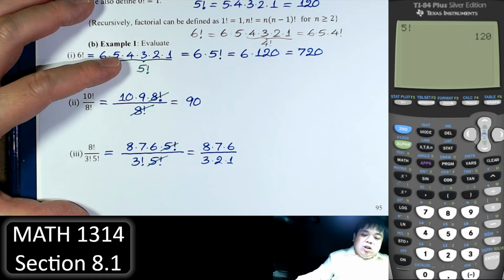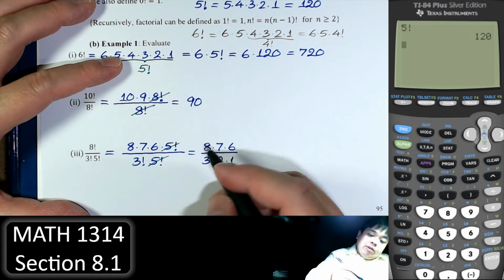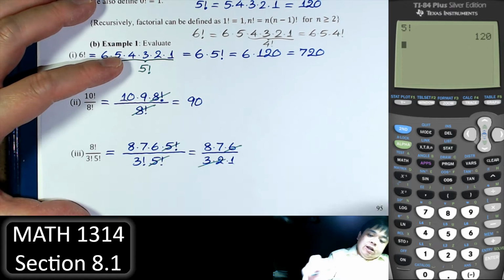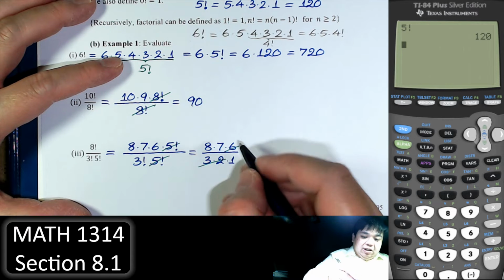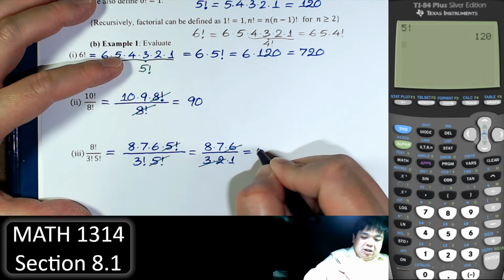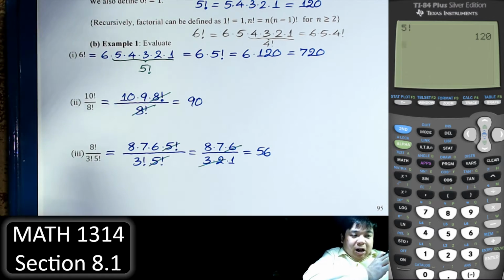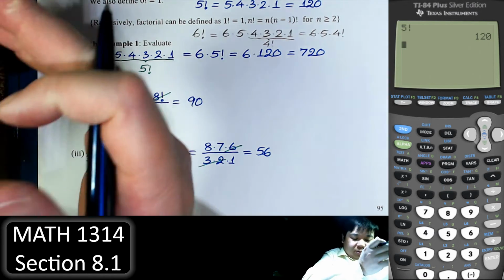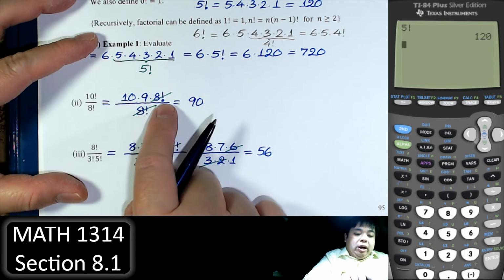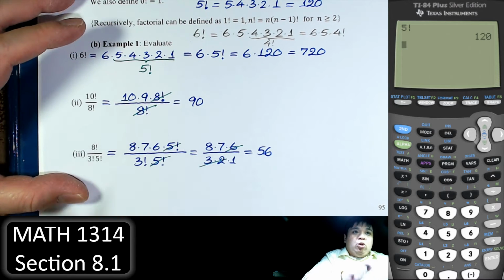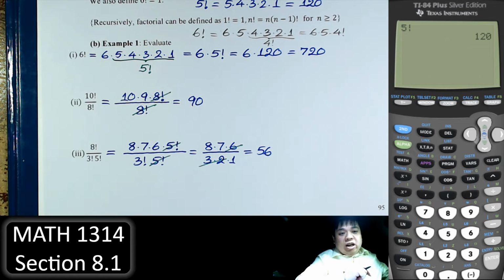By the way, 3 times 2 is 6. So we just have 8 times 7, 56. Right, so factorial, we start from that number and then 1 less all the way to wherever we want to stop. Just put the exclamation point. That will take care of it.